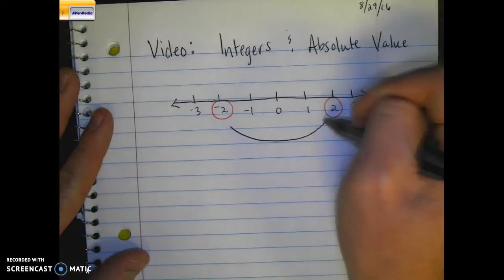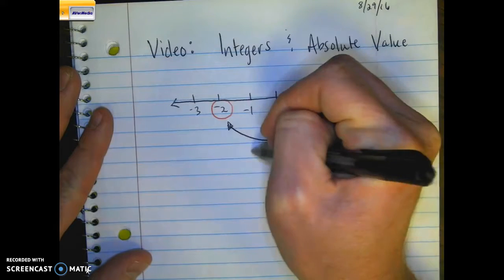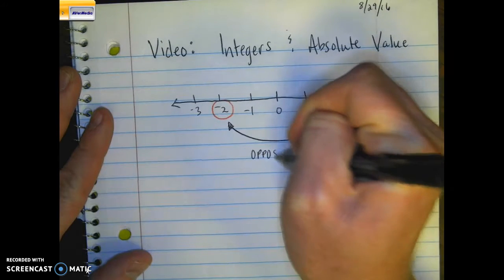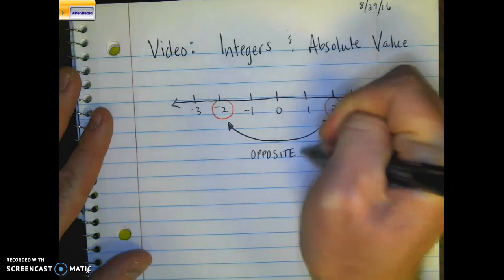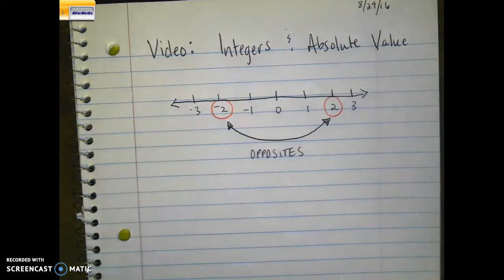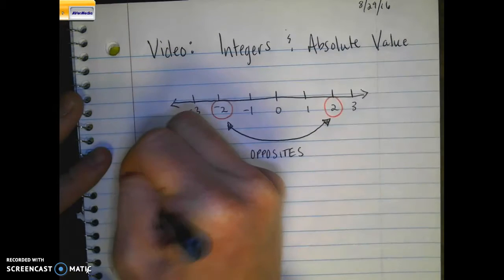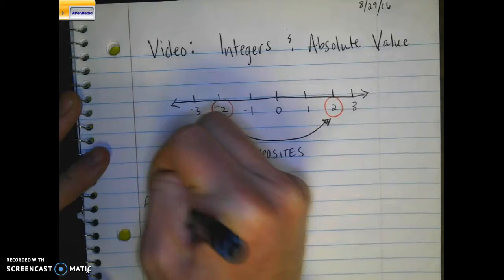And what did we call these? That is correct. We called these opposites. Now, when you do absolute value, you need to know the opposites. So we're going to jump right into it. Again, this is going to be the shortest video ever.